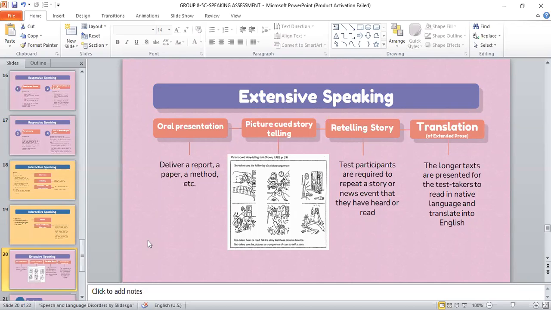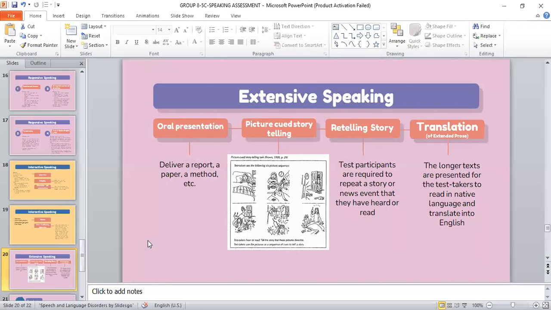The first one is oral presentation. In our academic life, we are commonly asked to give an oral presentation to deliver a report, a paper, a method, and so on. Oral presentation allows students to put what they have learned in English class into practice by condensing everything into a single, powerful, and succinct presentation.